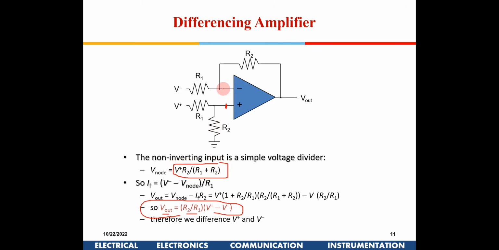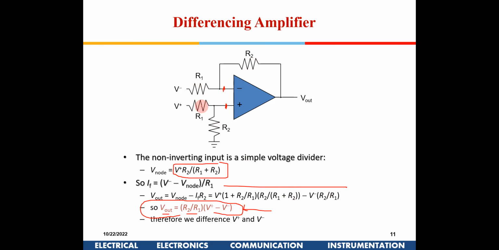This is the voltage. Same voltage is available here now, right? Now I can write the current equation: V minus this voltage is equal to this voltage minus V out, divided by R2. If I write that equation, I'll reach this. So this is known as a difference amplifier.